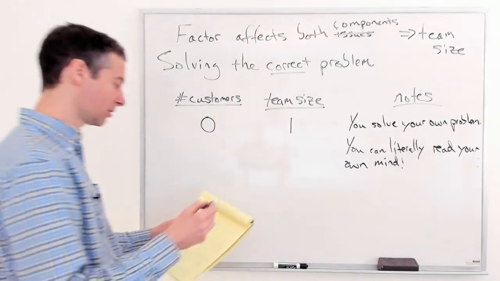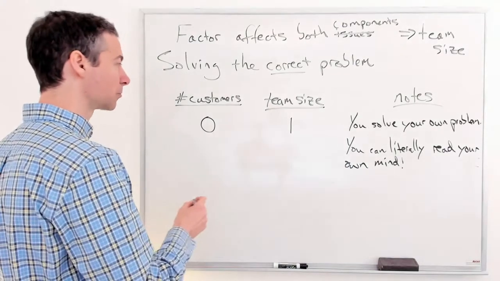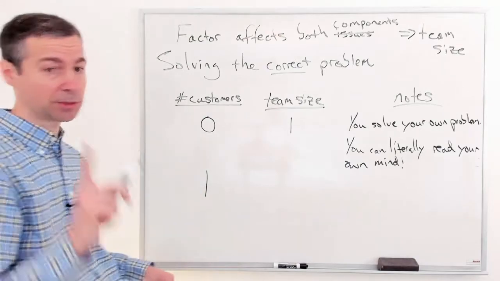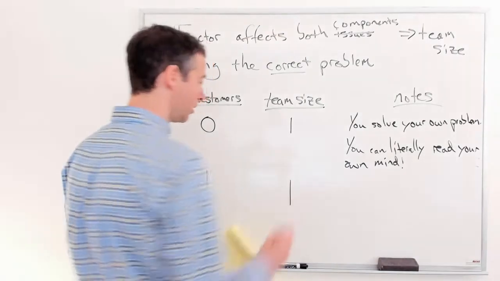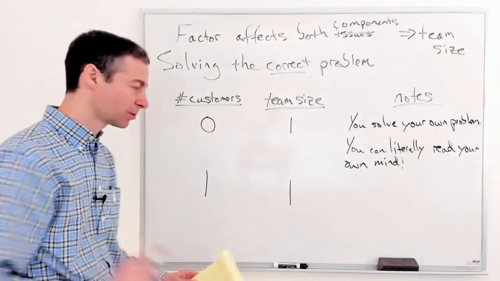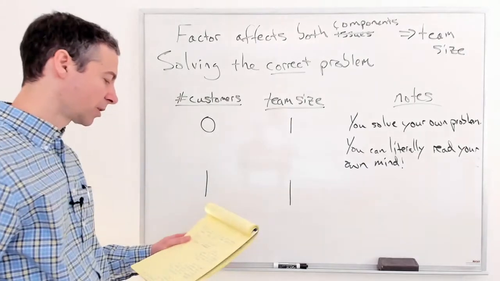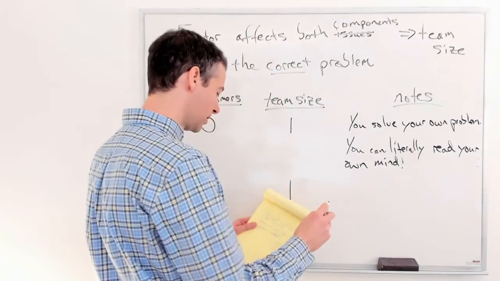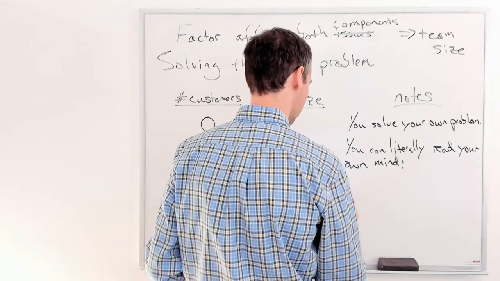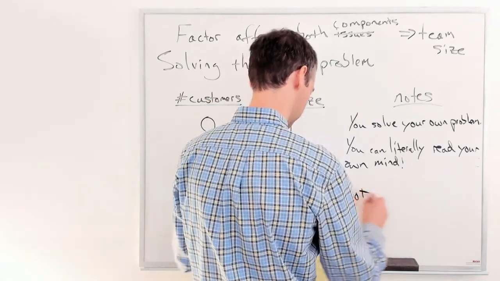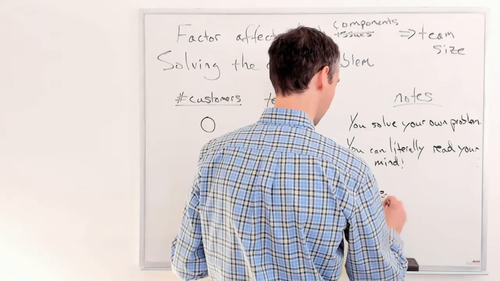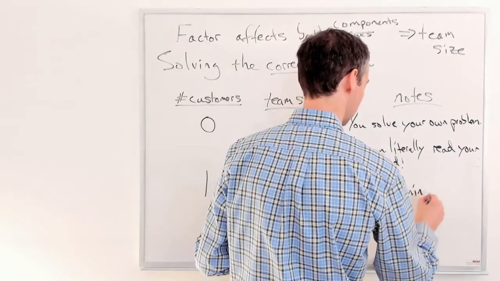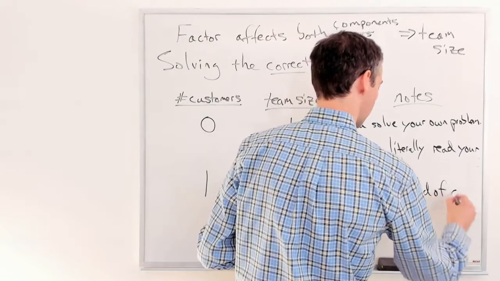So yeah, let's go on to the next thing. We have one customer and one person. That's you. So you're on the team and you're going to solve one client's problem. The biggest thing that happens here is that you cannot read the mind of the customer or of the client.